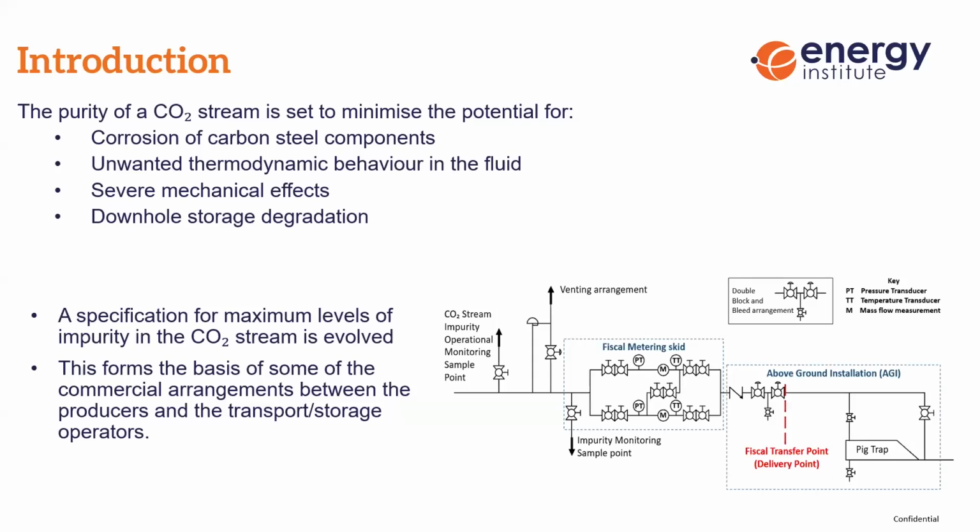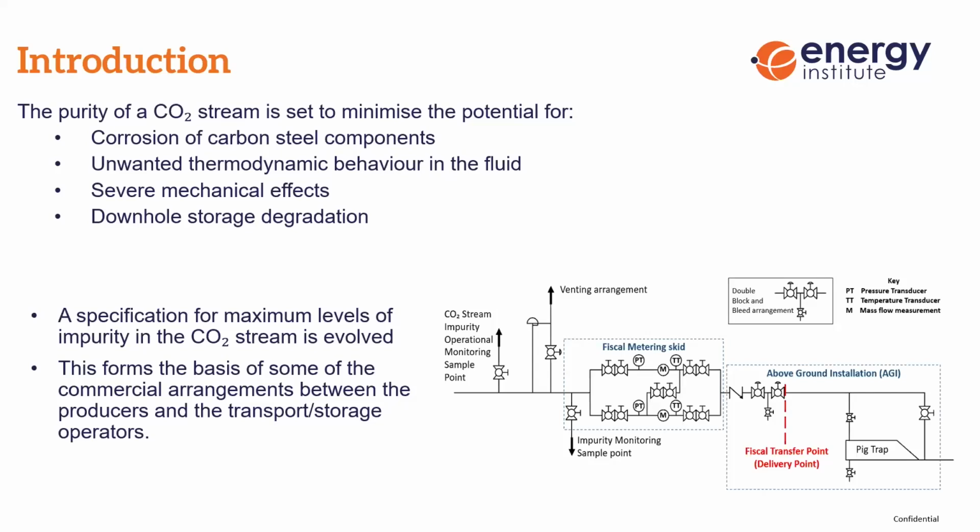But because there is non-CO2 within the stream, that needs to be, as it were, balanced out when it comes to the commercial arrangements between the producer and the shipper and storer, because at the end of the day, people only get paid for the CO2 that they store. They don't get paid for the nitrogen.